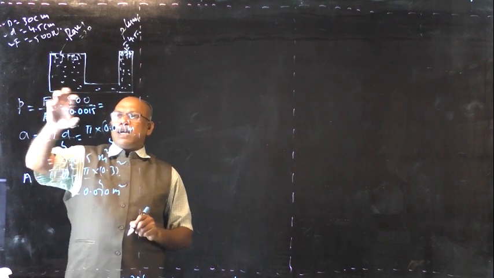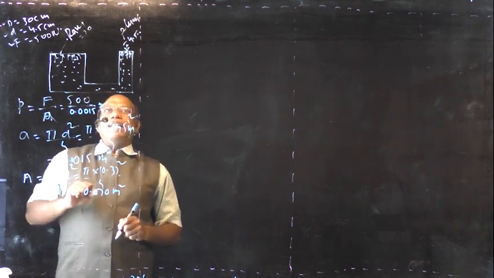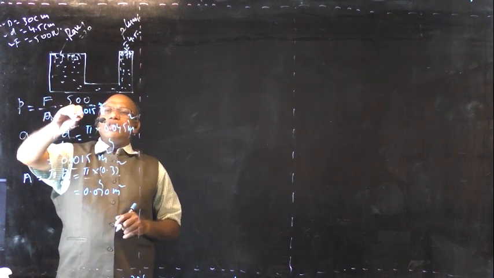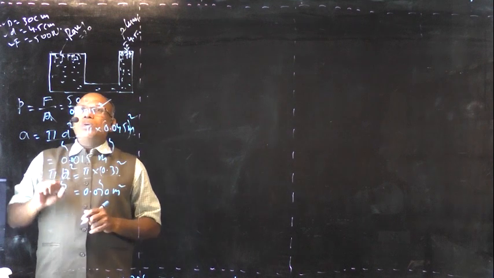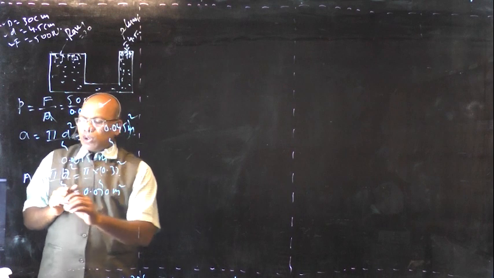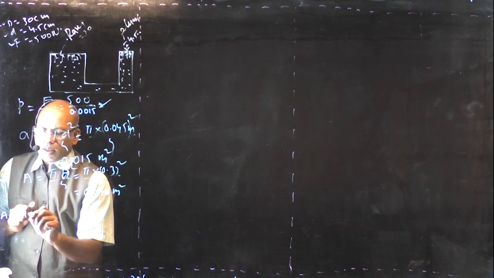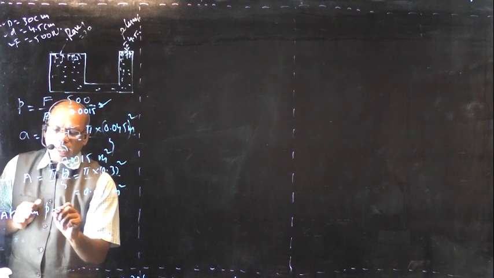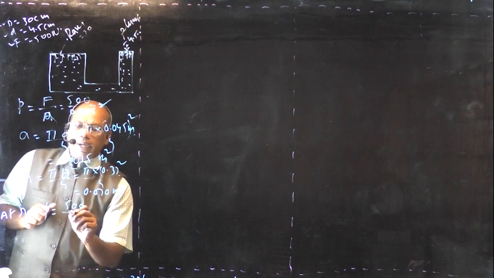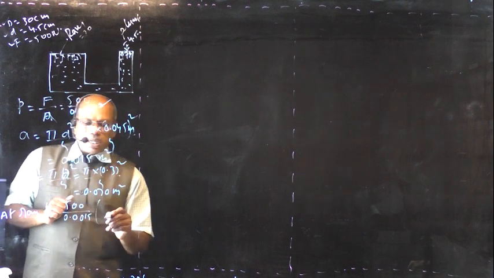Therefore the pressure intensity at the plunger is equal to 500 divided by 0.0015. Now the same pressure intensity is applied at the ram. Therefore at the ram, the pressure intensity is the same value, that is 500 divided by 0.0015, based on Pascal's law.